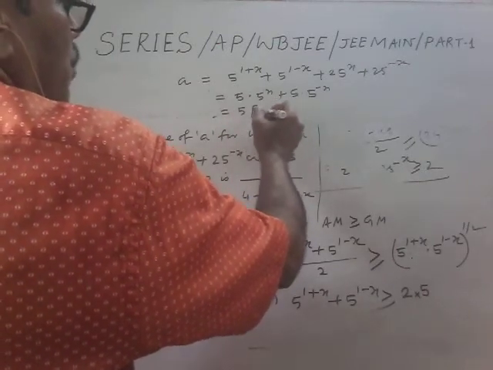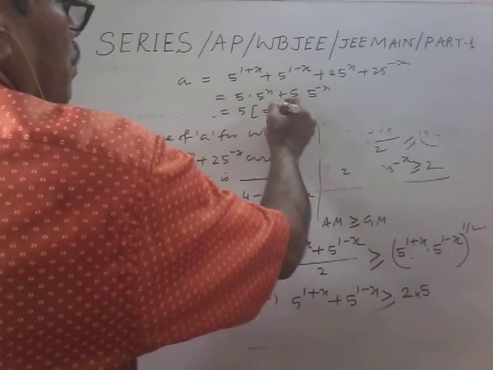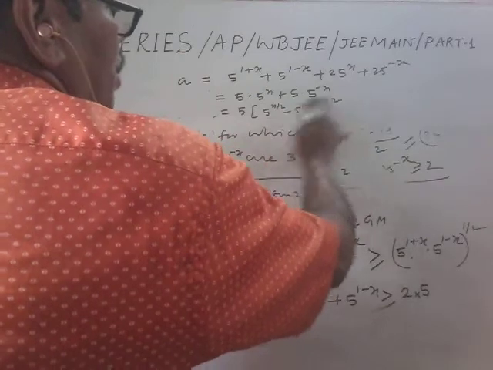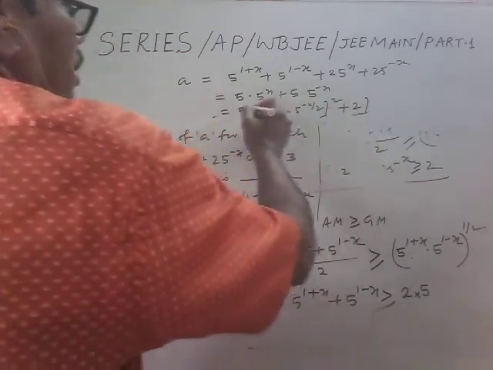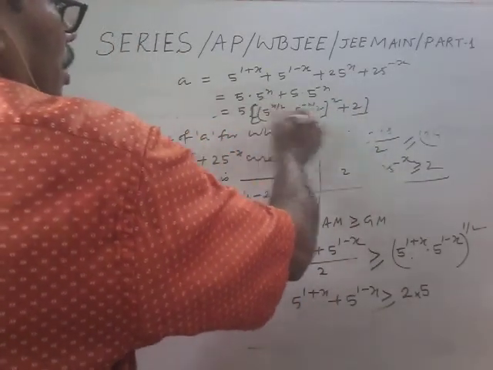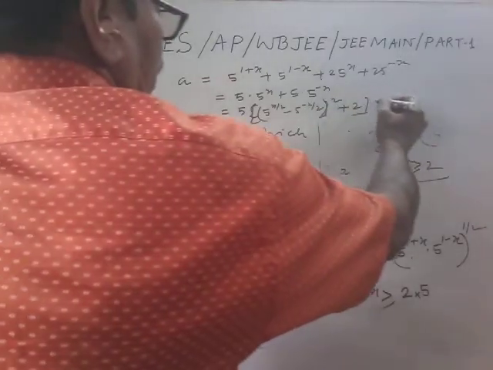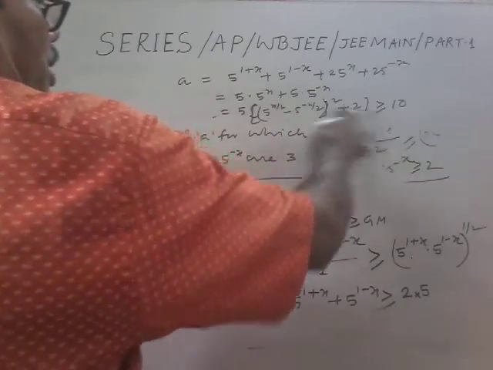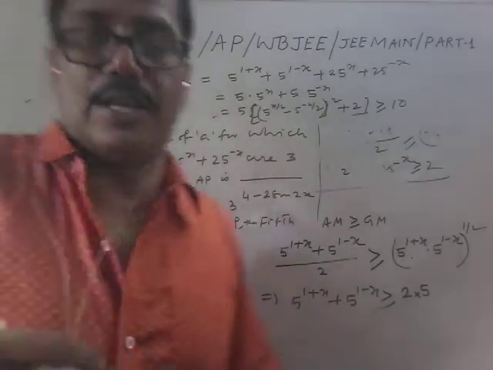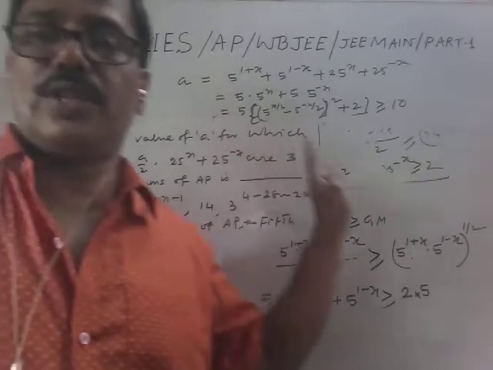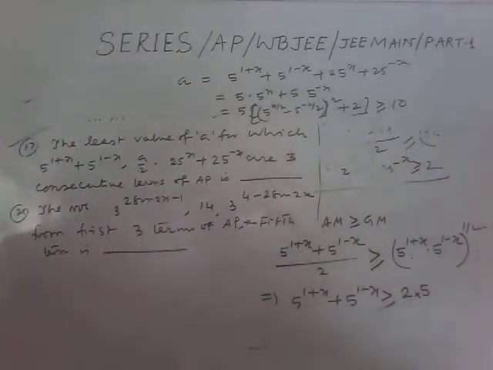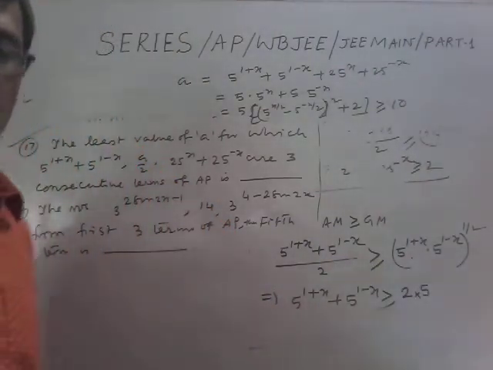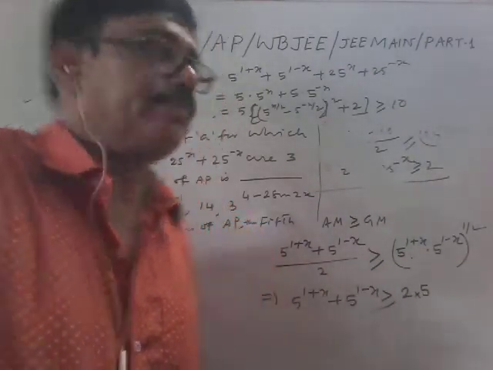This is 5 times 5 to the power x by 2 minus 5 to the power minus x by 2 whole square, a minus b whole square plus 2ab. So it is always greater than or equal to 10 because it is a square term. 0 plus 2 into 5 greater than or equal to 10. We can use this technique also, or if you use AM greater than GM, then it will be simple.